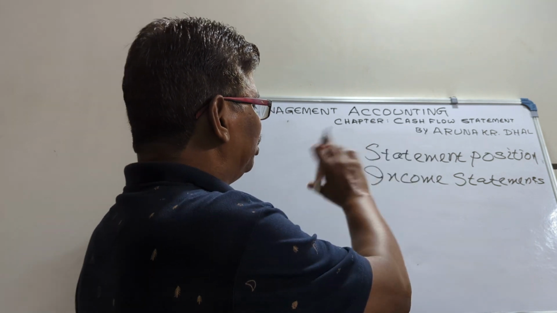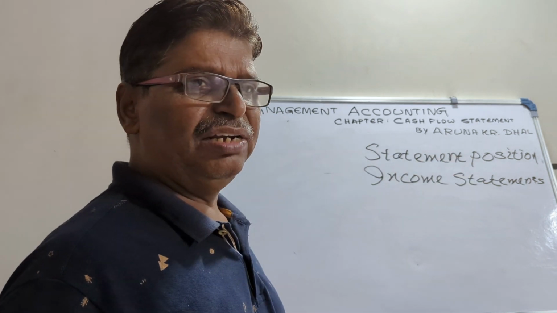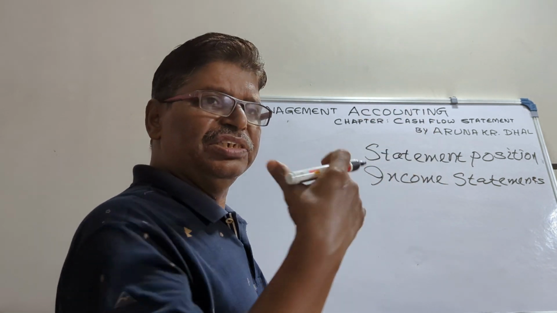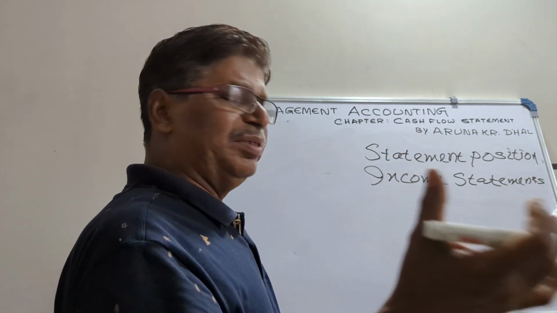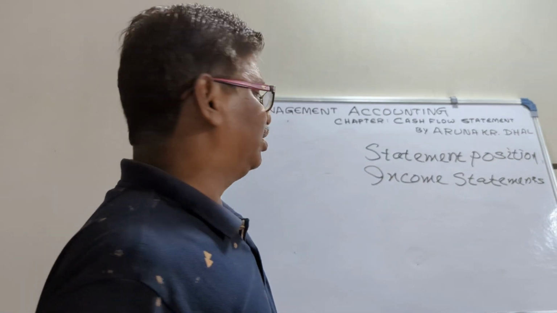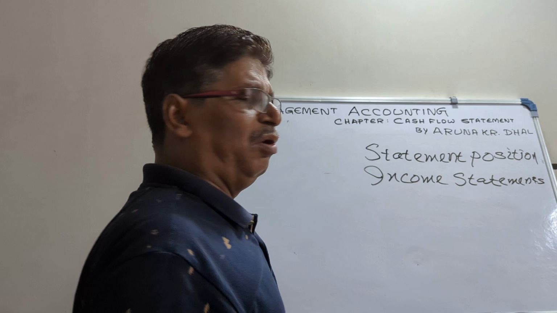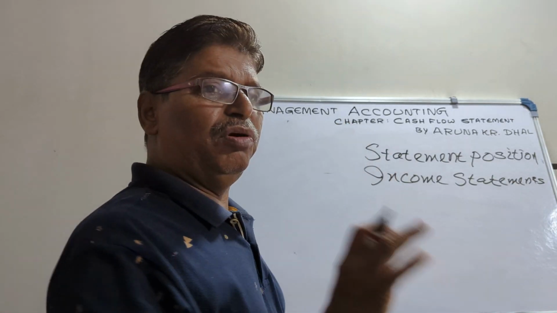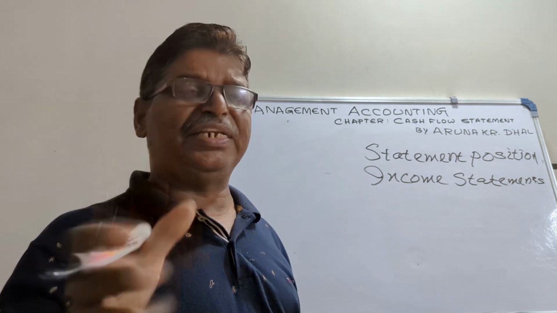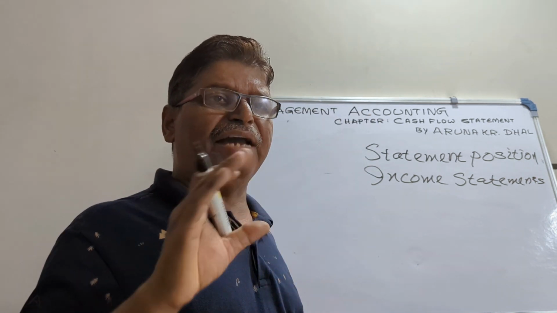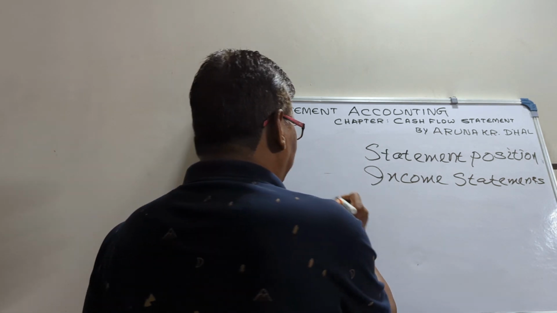From the position statement and income statement, we are not in a position to know how much cash is generated from the business, that is, how much is the inflow of cash and how much is the outflow of cash. So in order to know the inflow and outflow of cash, we have to prepare the cash flow statement. A cash flow statement describes the inflows of cash.